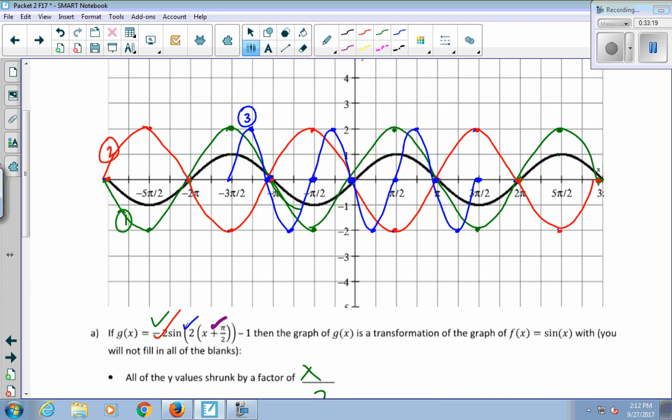Okay, so I have to move every point on the blue graph left pi over 2. So pi over 2 is 2 tick marks. So every blue dot has to move 2 tick marks to the left. So do the zeros first.